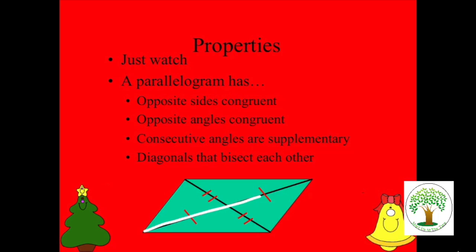We do have one longer diagonal than the other, but it did cut it in two equal pieces right there. Did I answer your question about diagonals bisecting each other? So that means that this point is the midpoint of both of them. These little pieces are equal to each other, and this is equal to this.